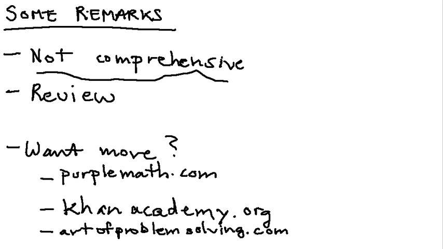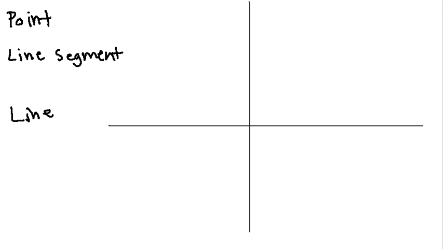Now, if you want more of a review, I would suggest going to either of these two sites, Purple Math or Khan Academy. And if you want to learn this material from scratch, if you have not seen this material in the past, the best textbooks I have seen for algebra can be found at artofproblemsolving.com, which makes great textbooks for a variety of mathematical topics. Let's get started with the math.